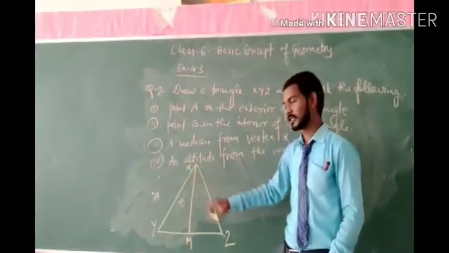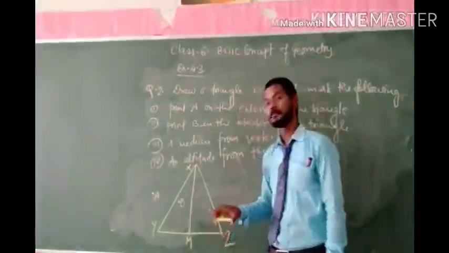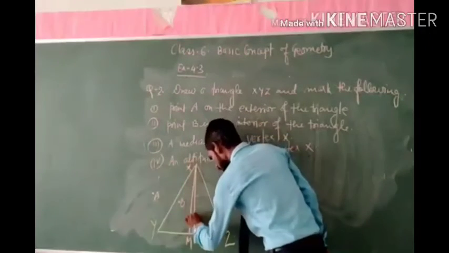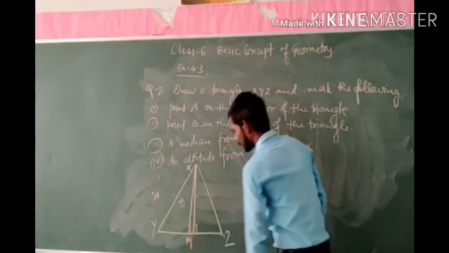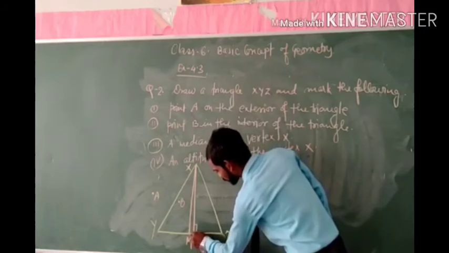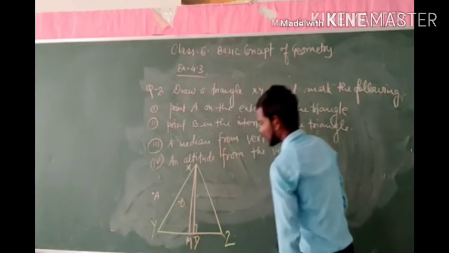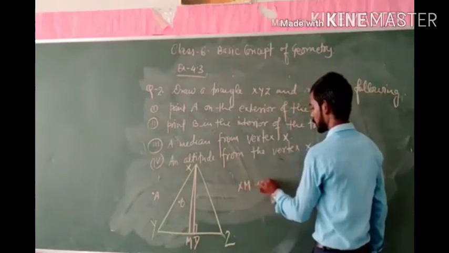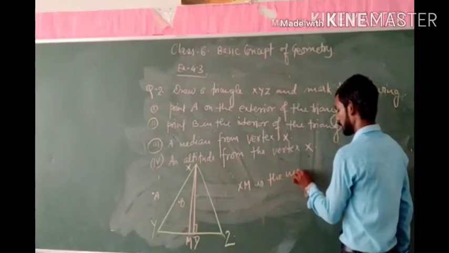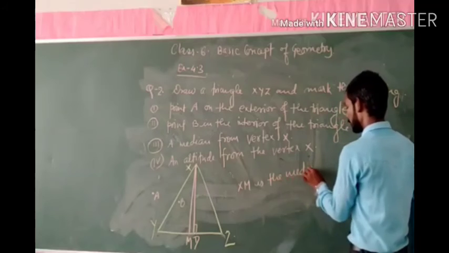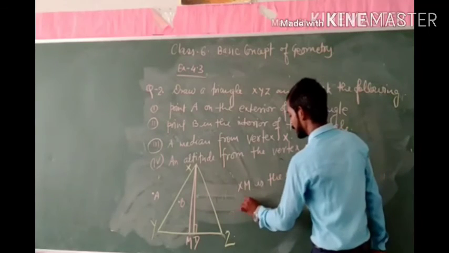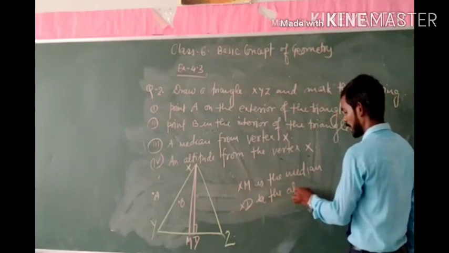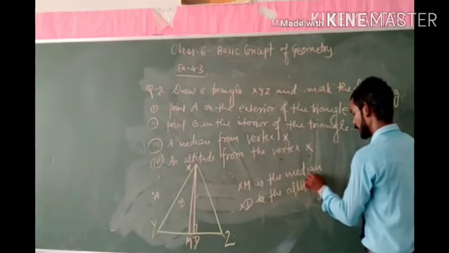If X be the vertex, then the side YZ becomes the base, so we get this one, and we name this point D, so that XM is the median and XD is the altitude or height of the triangle.